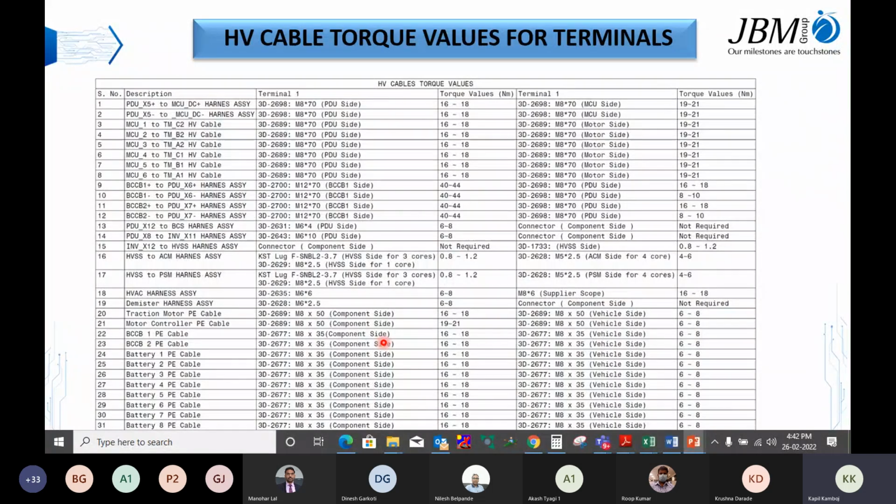So we tried to cover all HV components with respect to all HV cables. This table is already placed in all the installation drawings of the HV cable, where in a joint exercise with ME and quality, we defined all the torque values as well as the supplier recommended values. So this is helpful for production as well.